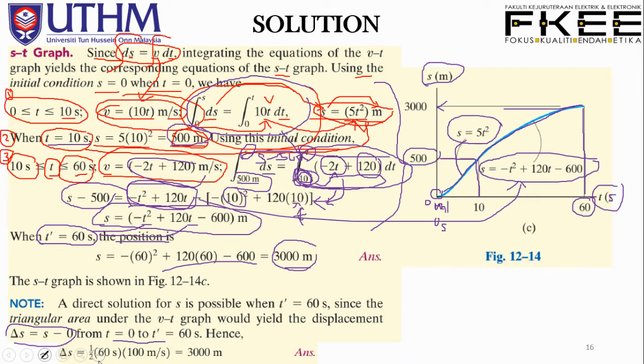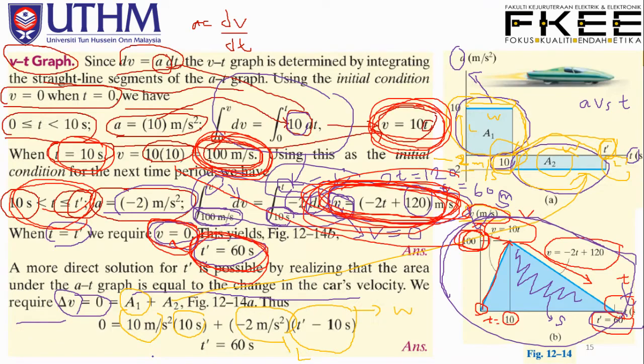So hence, this is actually the formula of a triangle. We have 1 over 2 times 60 seconds and 100 meter per second. This is the height of this triangle, so this is 100. And from here to here, this is 60.